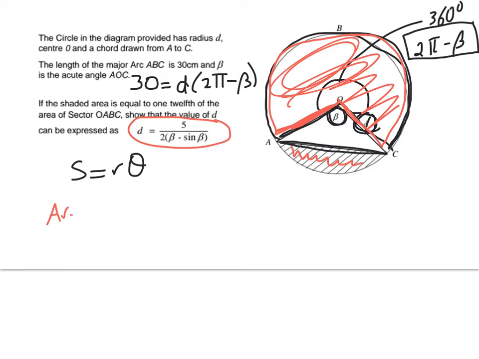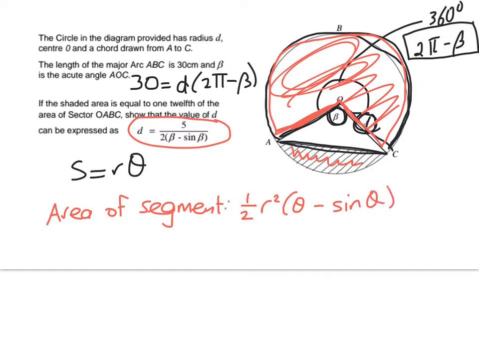So area of segment. First we put the formula, and then we substitute in what's right for us. So the area of a segment is half r squared times theta minus sine theta. In our case, that gives us 1/2 d squared, and my angle is beta, so beta minus sine beta.